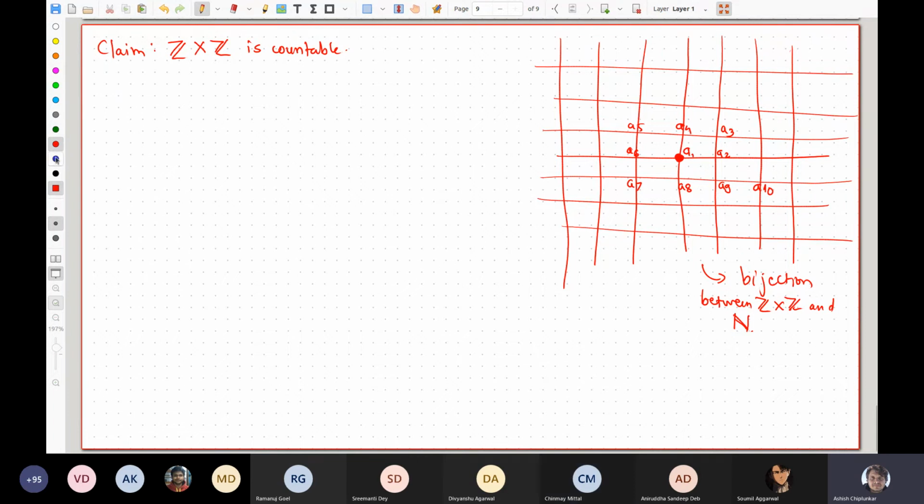I think you have the right idea. You are making it explicit, but I don't need to, right? So proof: we give an injection from Z cross Z to N cross N.